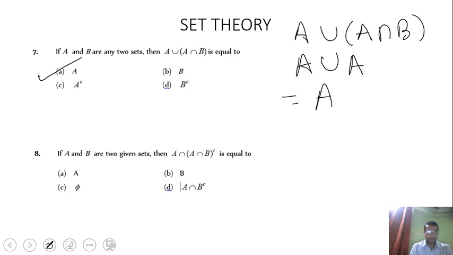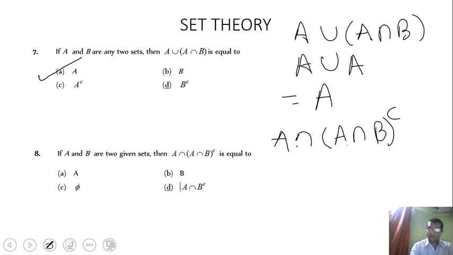Example number 8. It is given that if A and B are any two sets, then A intersection B complement is equal to. If you simplify this, A as it is, intersection, then we use De Morgan's law.